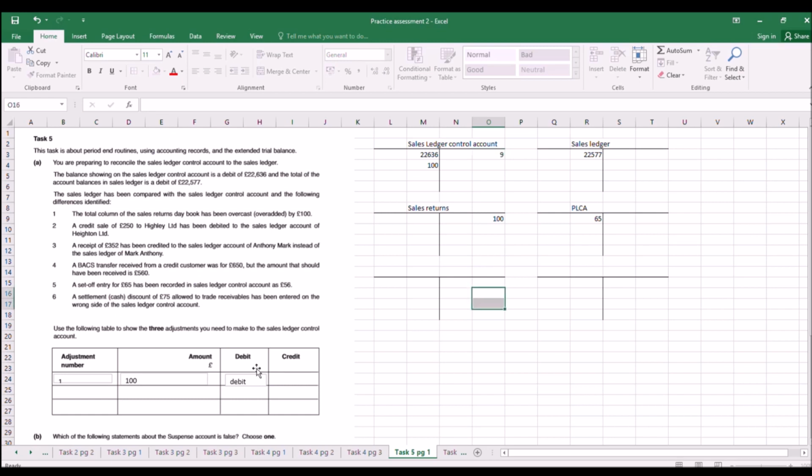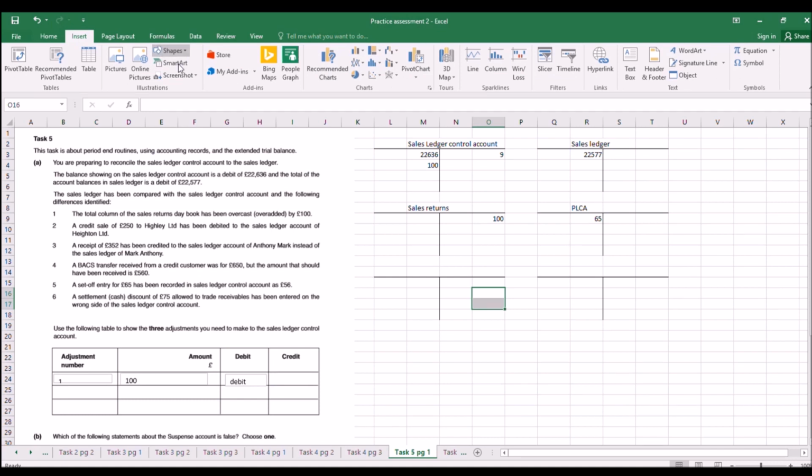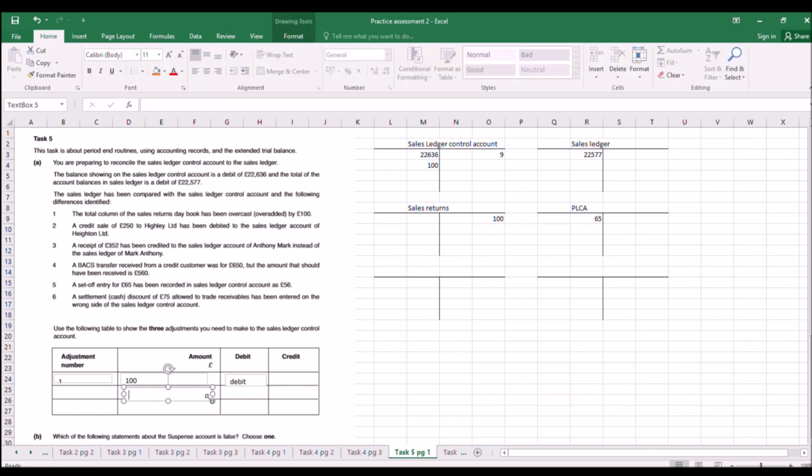Credit 9 there, so this will be £9 and it will be a credit. So number 5 is a 9 and it's going to be a credit rather than a debit. And that's adjustment number 5 then.